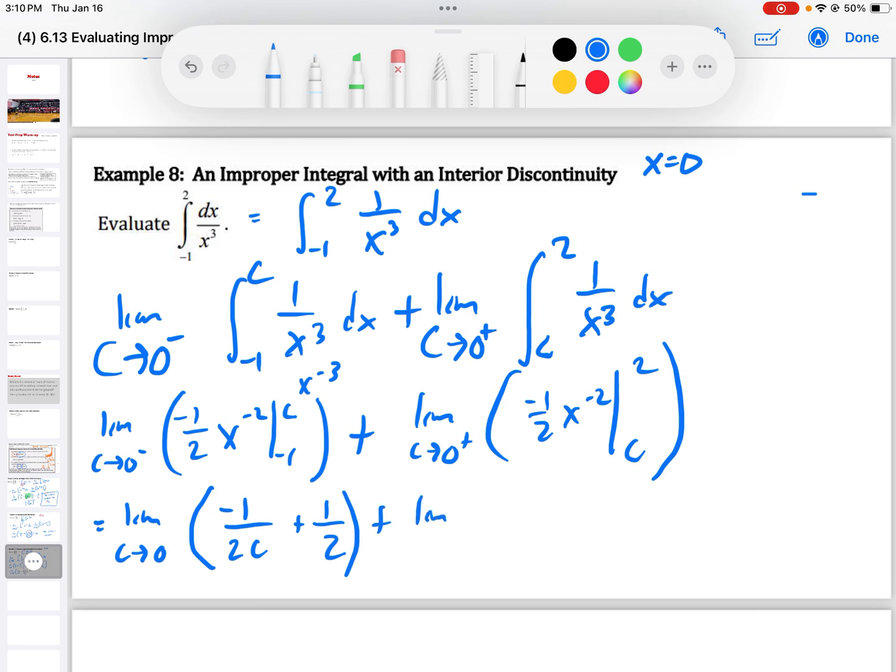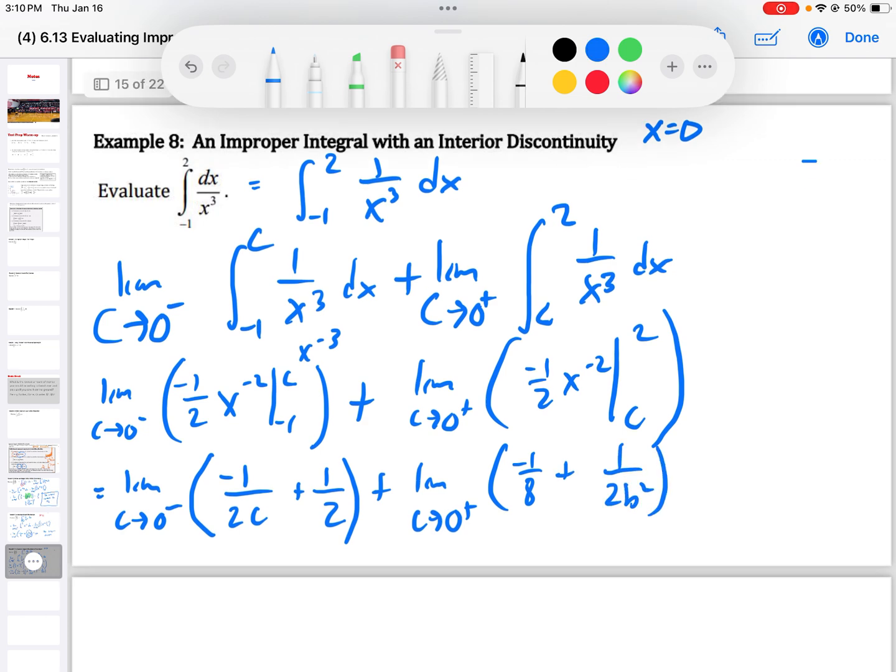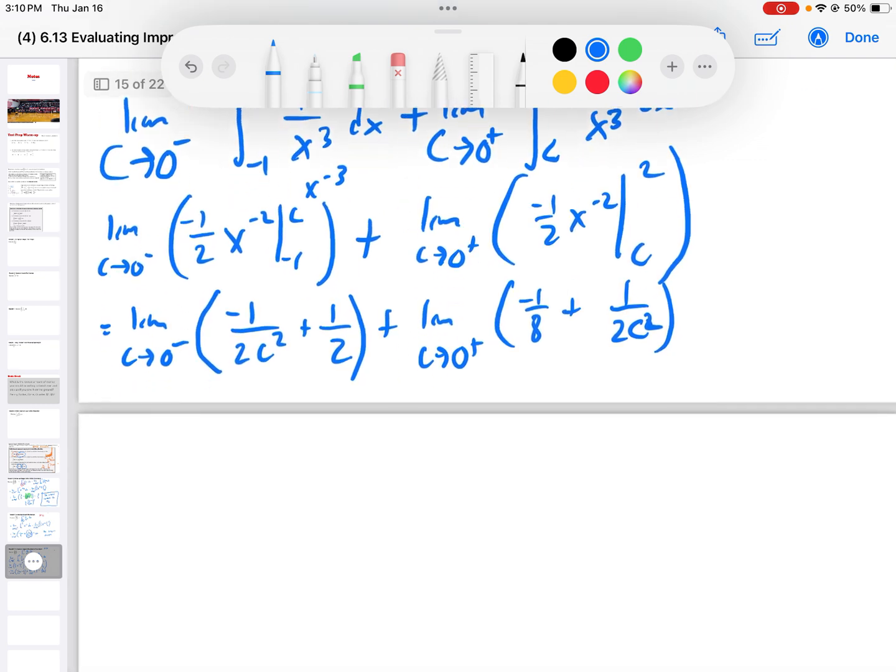Plus the limit, whoops, I made a typo here. The limit as C approaches 0 from the right of, okay, plug in 2, what is that going to be? Negative 1 over 8 plus 1 over 2C squared. Not b, C.